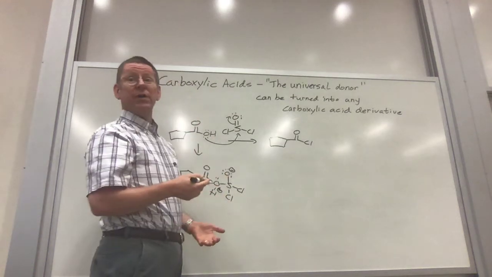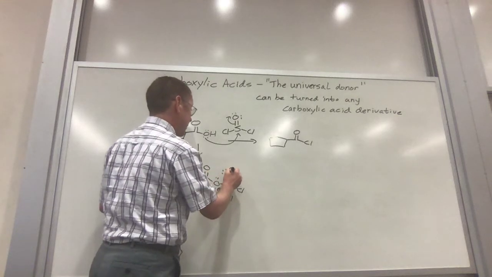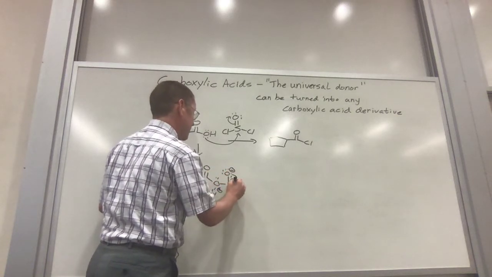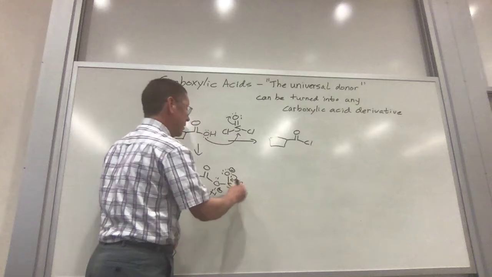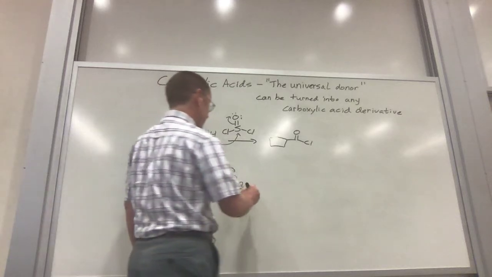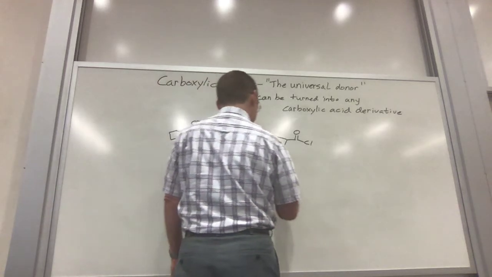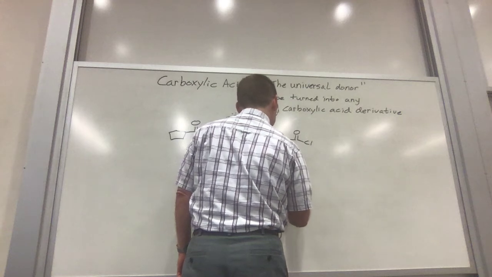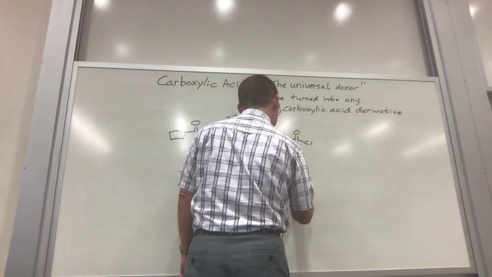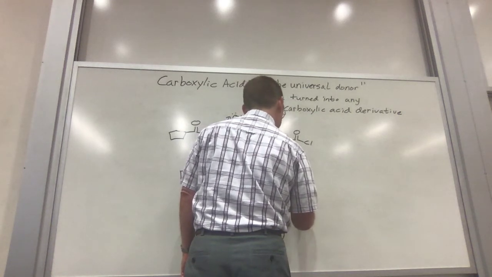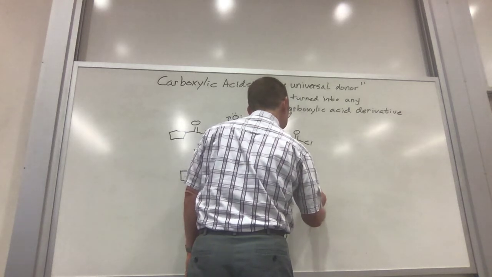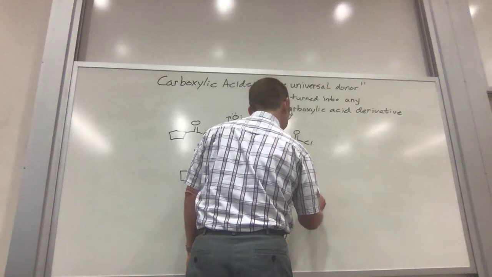But just like we've done before, this is going to collapse back down. It's going to kick out a leaving group. Actually, chloride is our leaving group. And get us to now an intermediate that looks a bit like a weird anhydride.